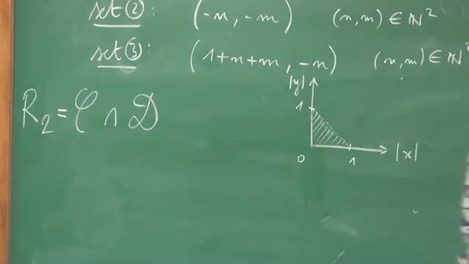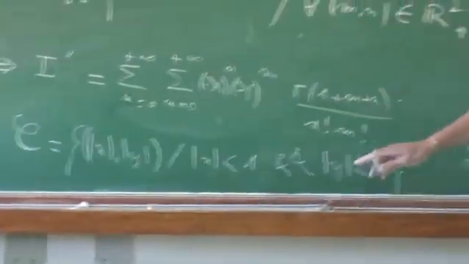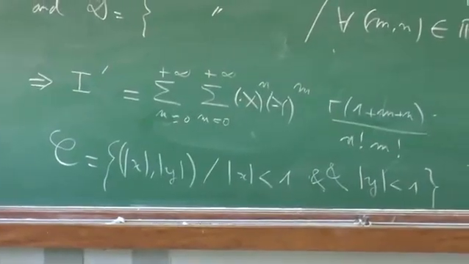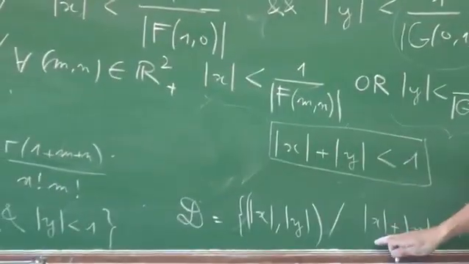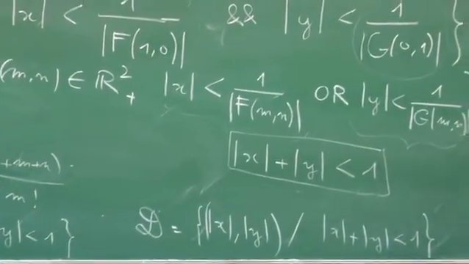Okay? So from here, we have the whole square, and this gives a constraint x plus y less than 1.